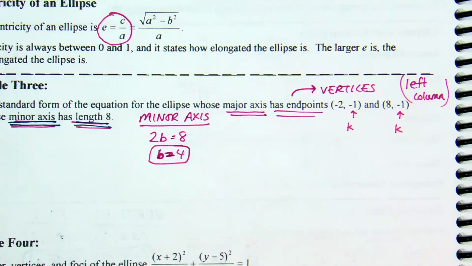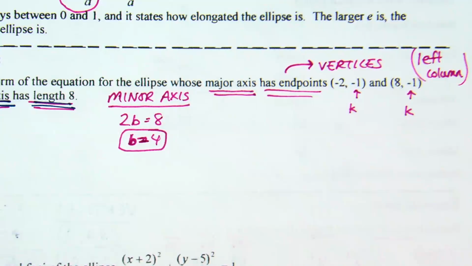It was pointed out that these are K. Now, before I forget, you guys said left column, yes?